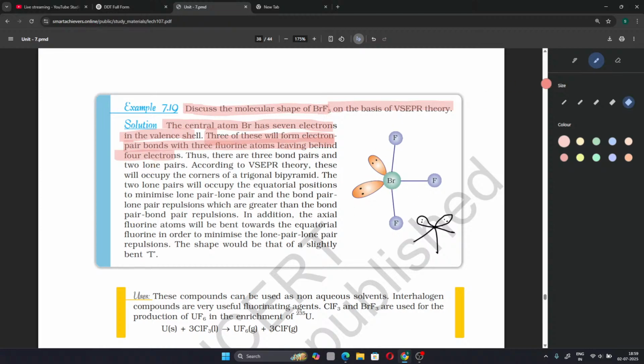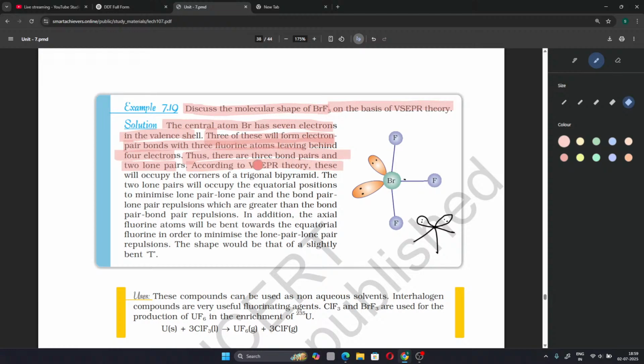Basically, a total of 7 electrons are there. Two lone pairs will be left out, and 3 of these 7 electrons will form covalent bonds with the 3 fluorine atoms. Thus, there are 3 bond pairs and 2 lone pairs.